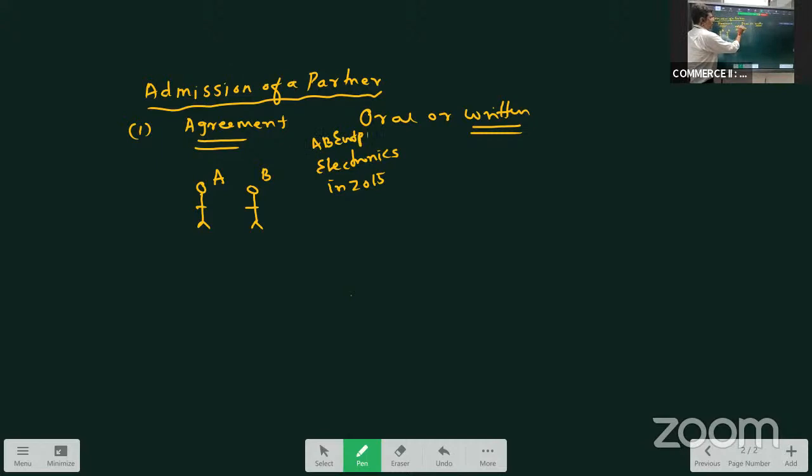Obviously they might have entered into an agreement as per the features of the Partnership Act. They might have written some agreement.